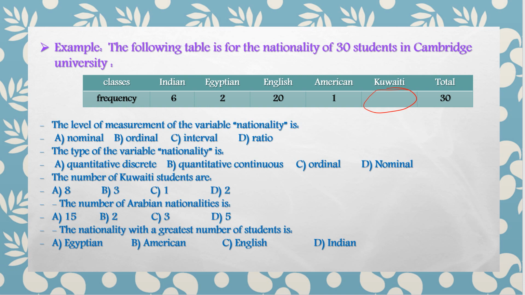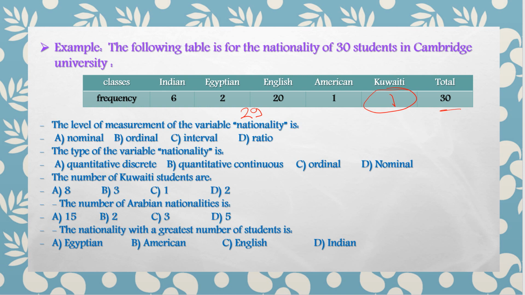In order to check if it's missing or there are no Kuwaiti students, we can sum the total frequencies for the first 4 classes. So 6 plus 2 plus 20 plus 1 equals 29. And the total frequencies here is 30, so there is a missing value, and the frequency for the Kuwaiti students equals 1.